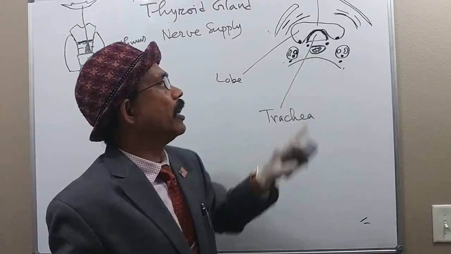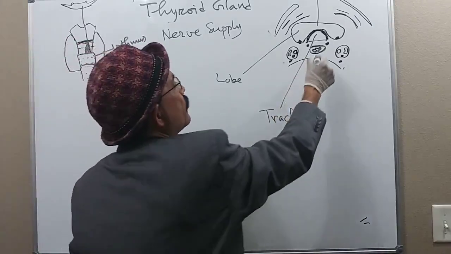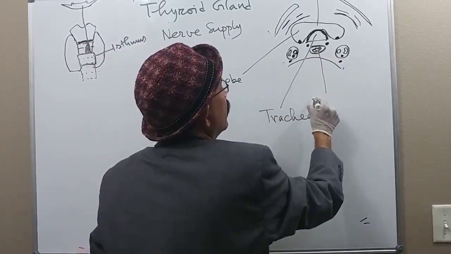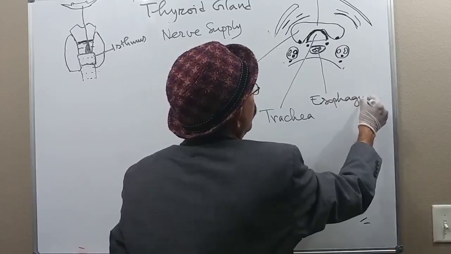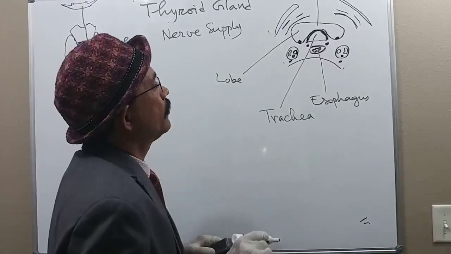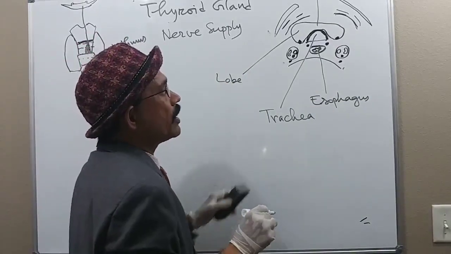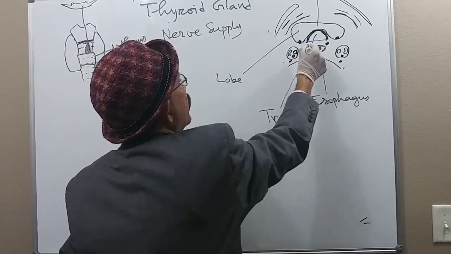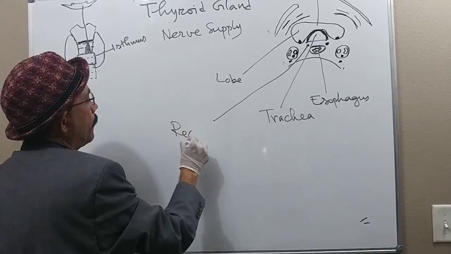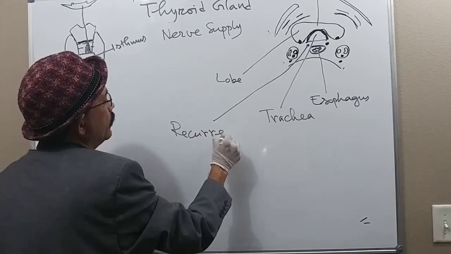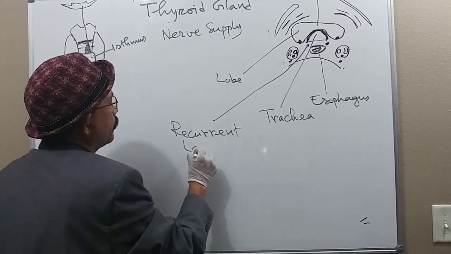Posteriorly we get the trachealis muscle, and this structure is the esophagus. In between the trachea and esophagus, we'll get the recurrent laryngeal nerve.